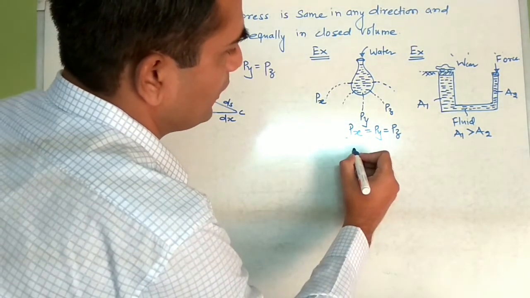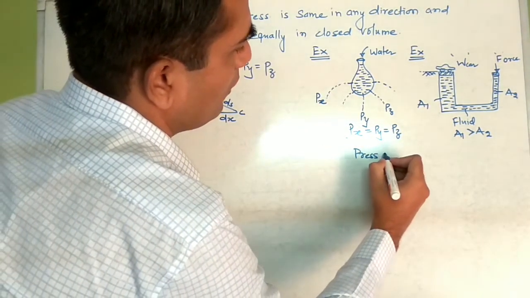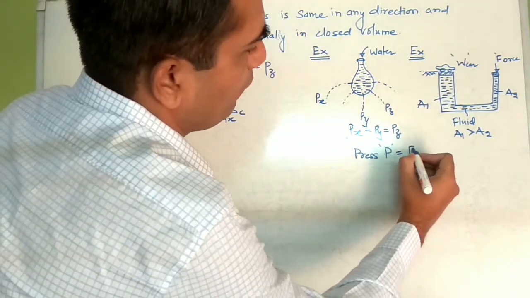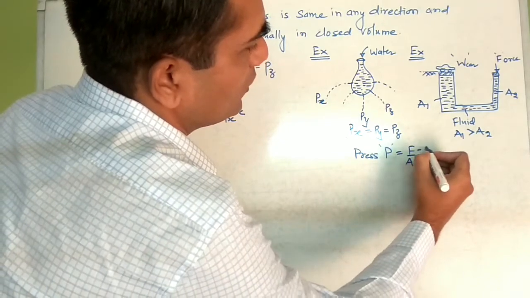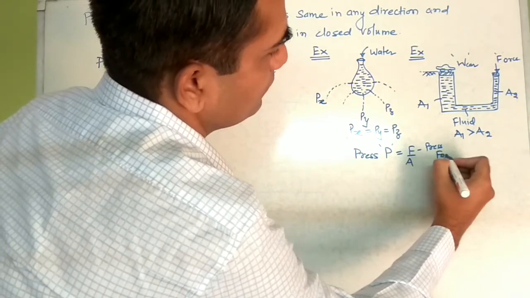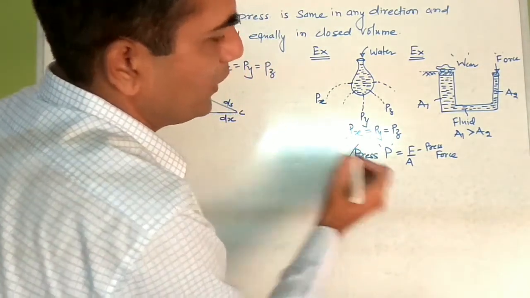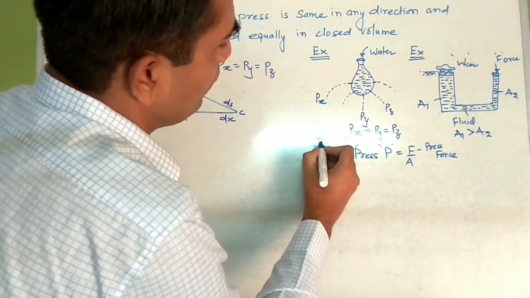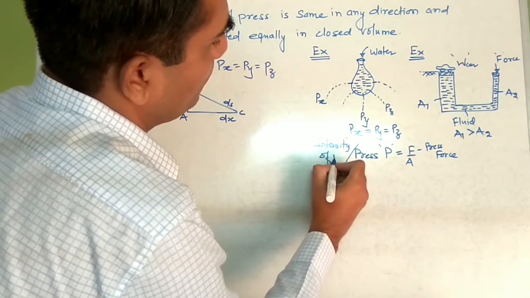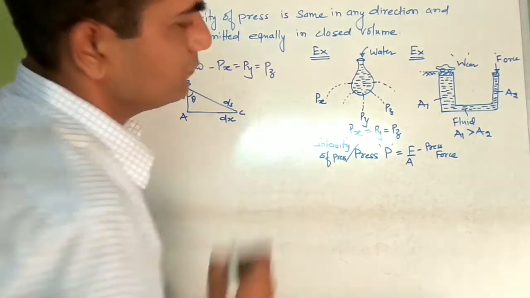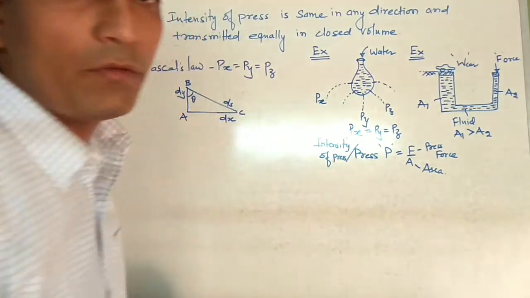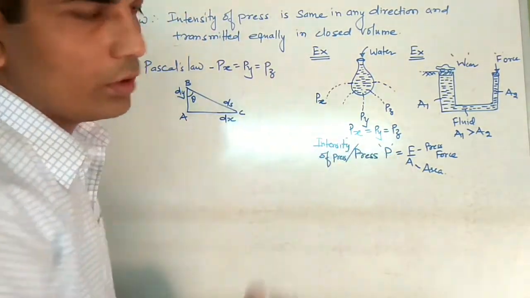Simply, pressure P, or intensity of pressure, is equal to F divided by A. Here F is the pressure force, P is the pressure or intensity of pressure, and A is the area. In a previous video we have discussed all these things.